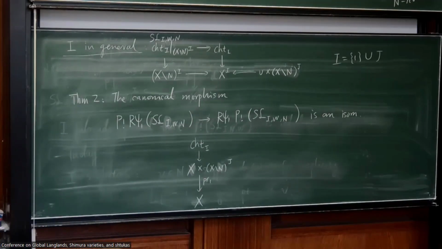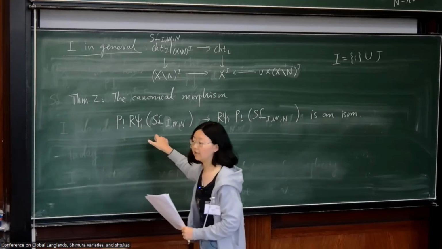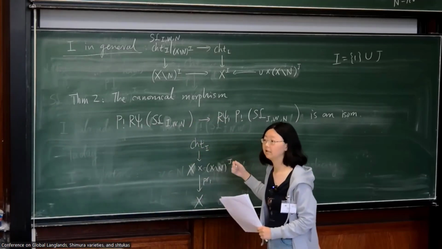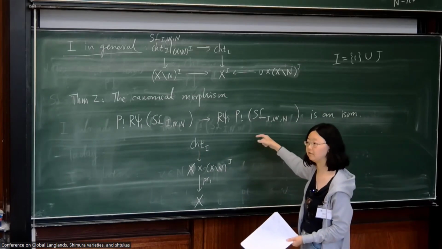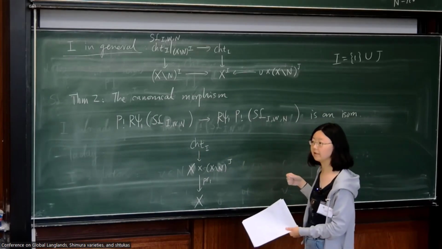So are there questions? Since no, yeah. Do you have results on higher nearby cycles? Yes, if you want, you can put higher nearby cycles easily. I think the same proof works. Since for me this is enough for applications, I don't consider higher nearby cycles.